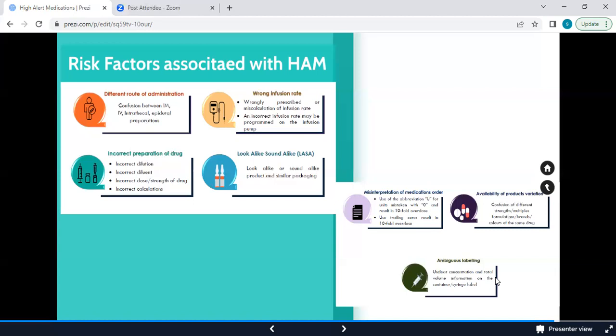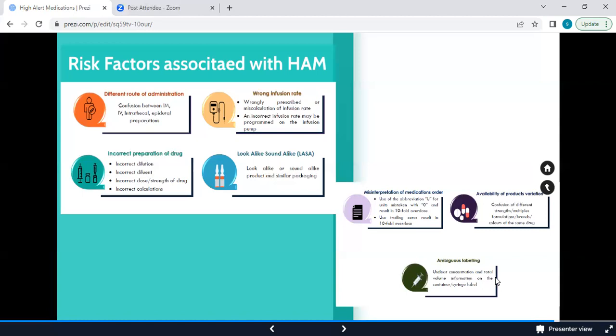We know that certain abbreviations for sure should not be used. For example, using U for units, say 10 units of glargine. When you write it as a U, this can be misinterpreted, and that may lead to mistakes.